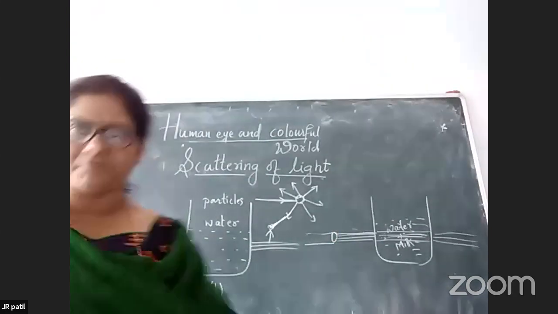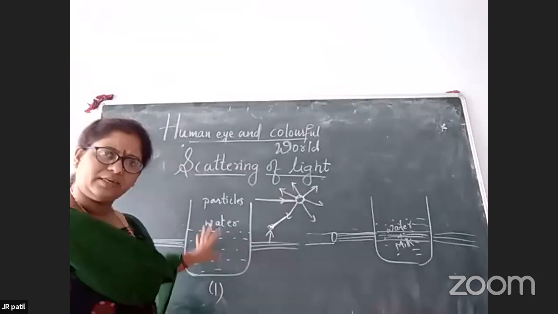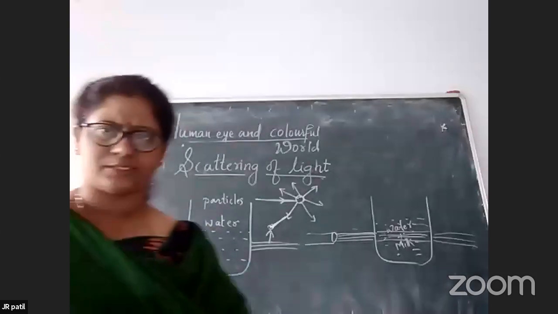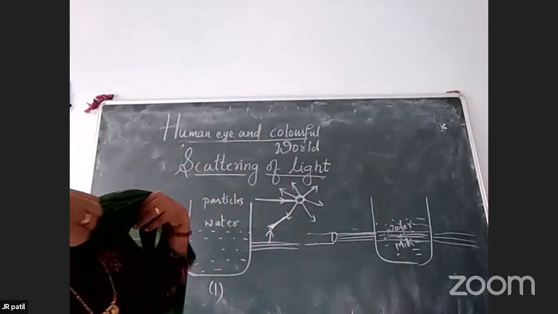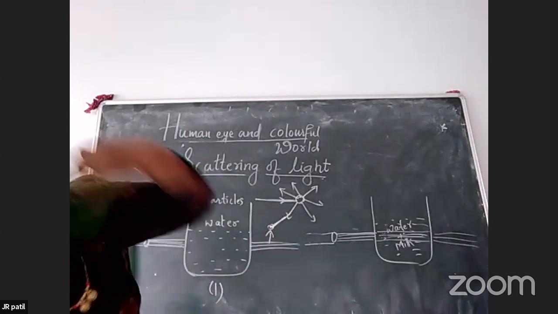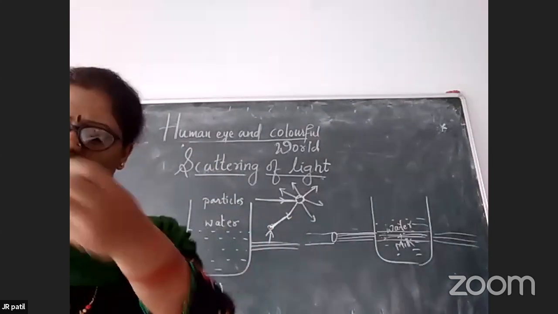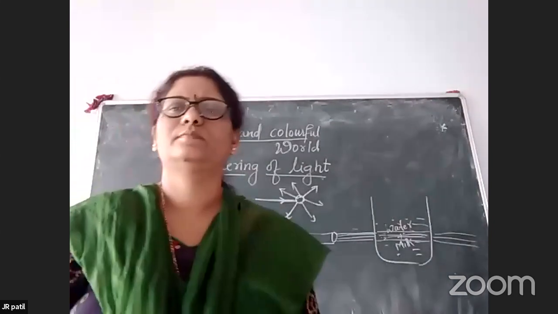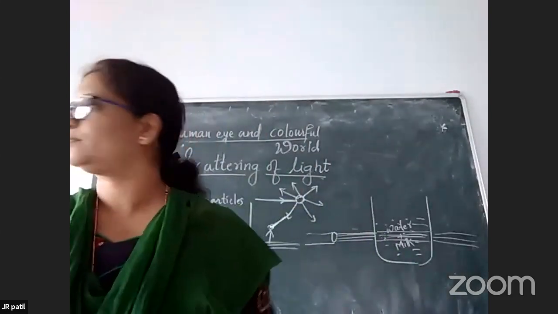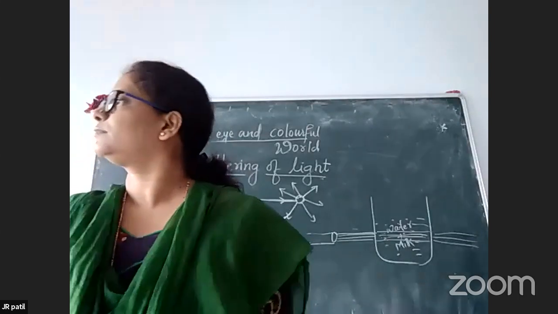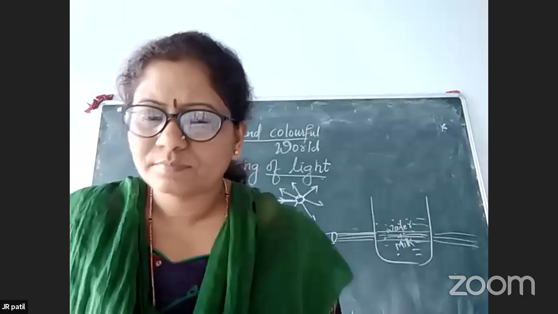Why? There are no particles here? Definitely there are particles in water also. Then what is the reason? Anyone can think? Particles of milk scatter the beam of light. Why? Because they are colliding. Because particles are bigger in size.